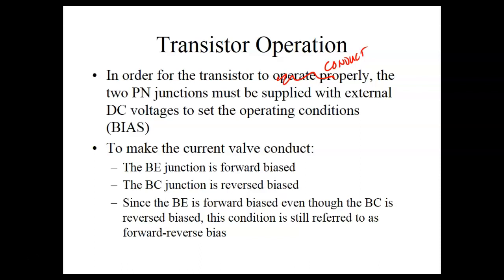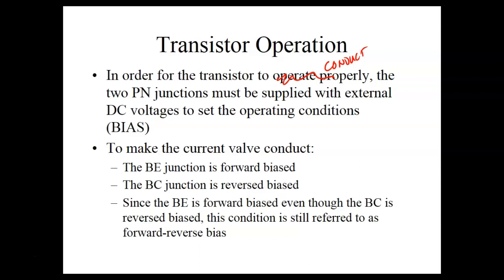To make the current valve conduct, the base emitter junction has to be forward biased. The base collector junction has to be reverse biased. Since the base emitter is forward biased, even though the base collector is reverse biased, this conduction is still referred to as forward biased.